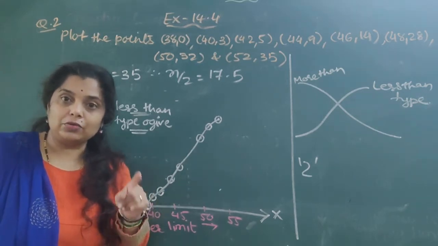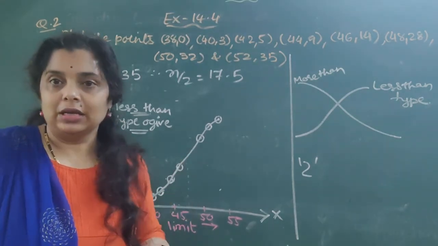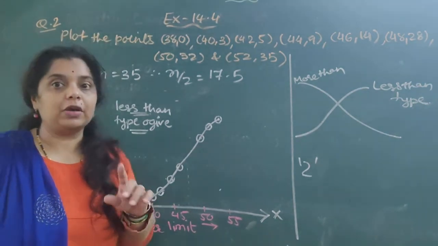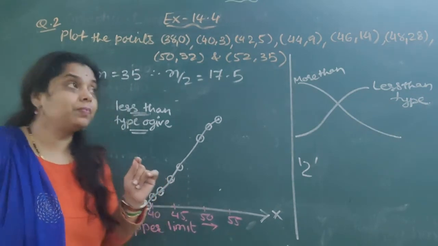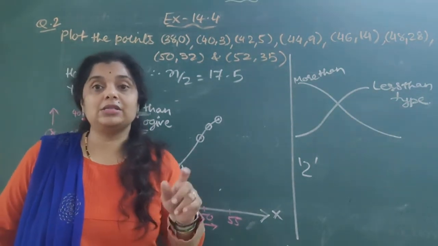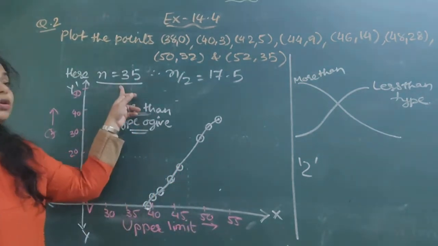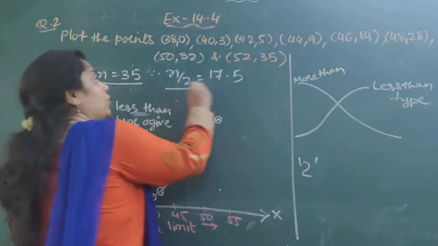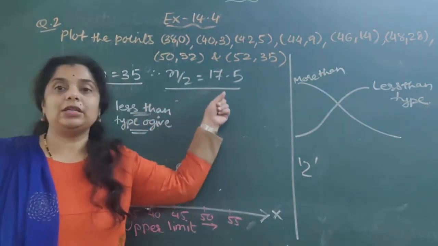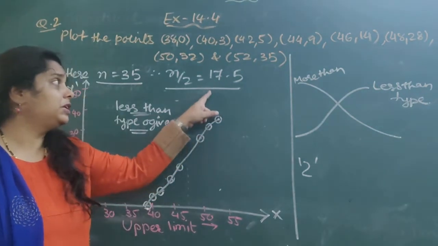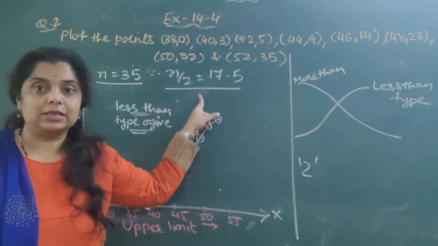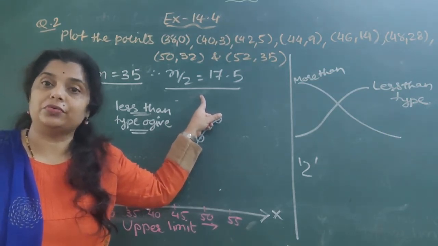But next is how to find the median from the given graph. For the median, we have to know the total number of observations, which is given as 35. As 35 students had a medical checkup, the total number of students is 35 and therefore n by 2 is 17.5. This 17.5 is a cumulative frequency.